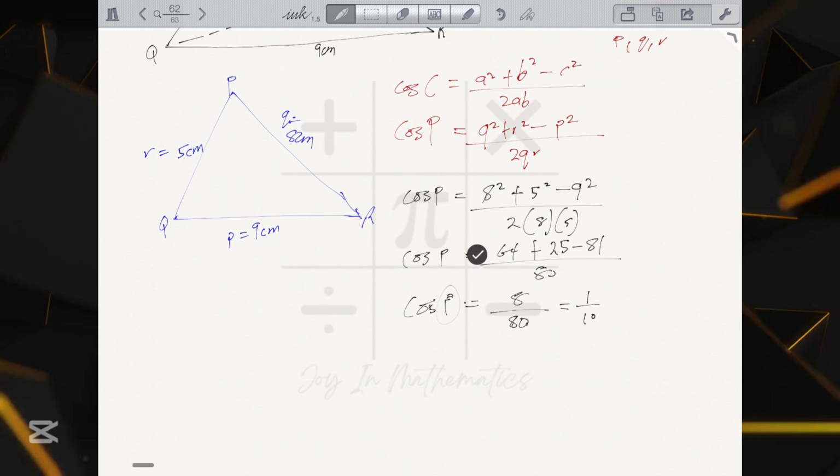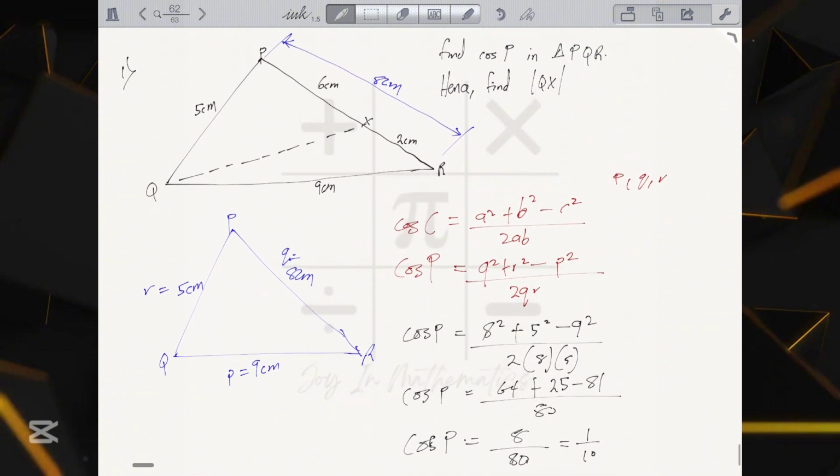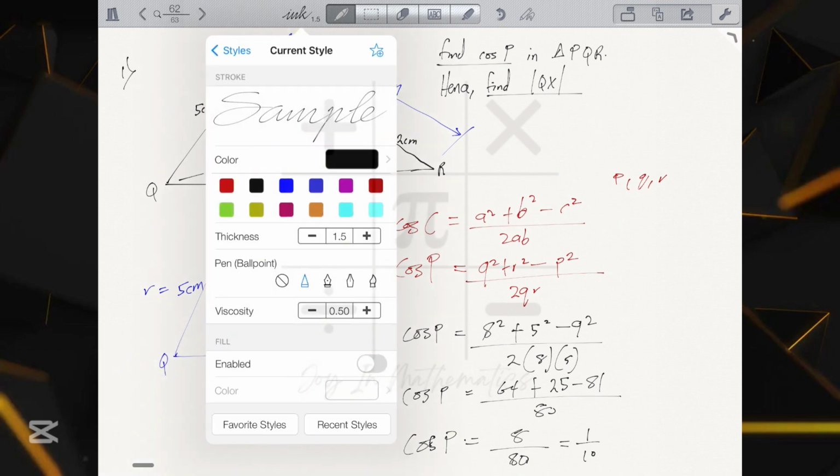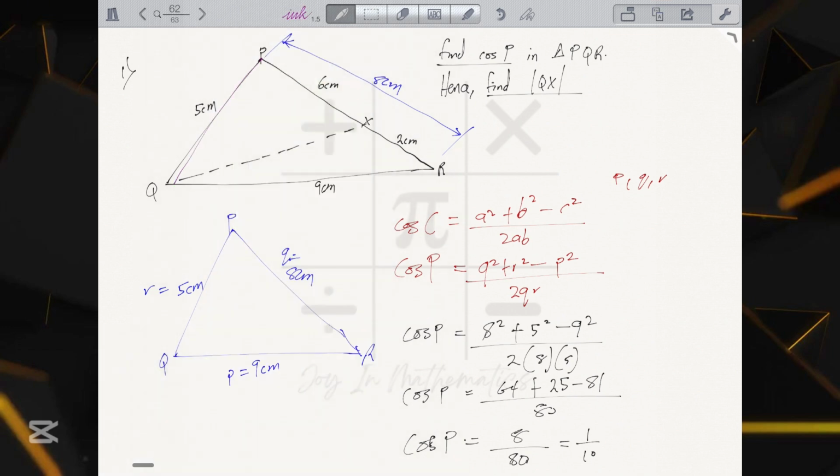Now we have the result of cos P. So we have solved the first part of the question. First part of the question says find cos P. The second part of the question says we should find length QX. Now in length QX, we'll be considering triangle PQX.